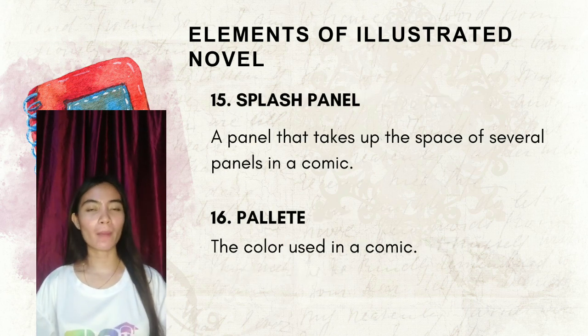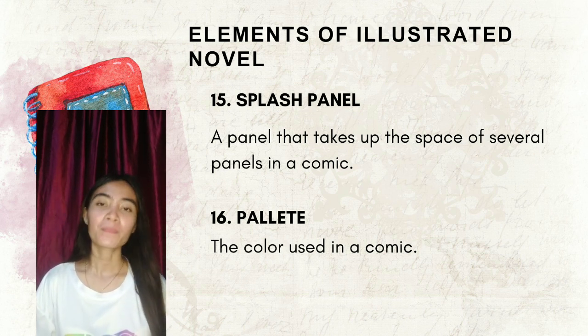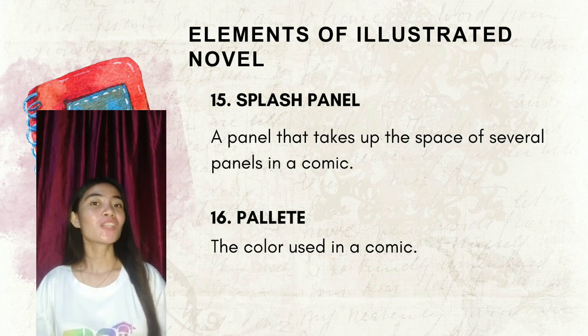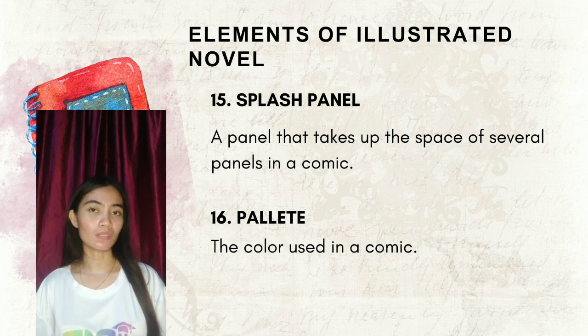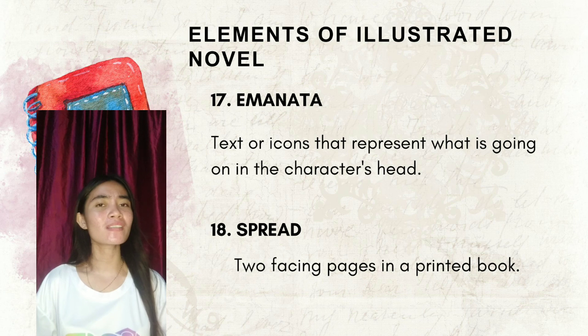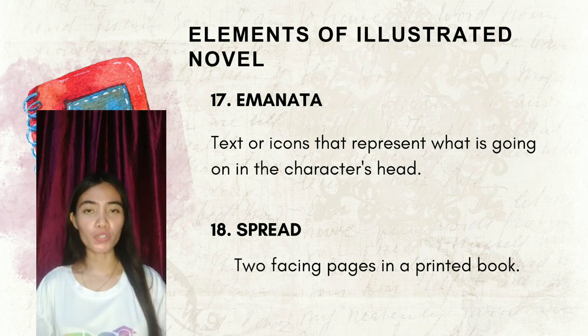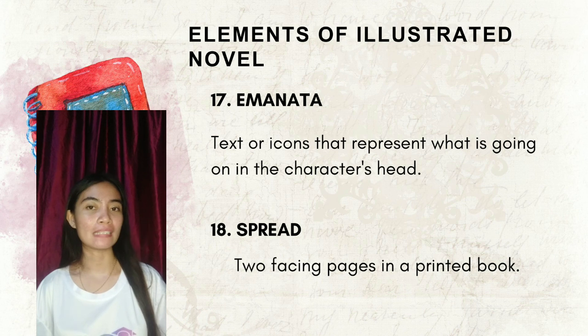Next is the splash panel, a panel that spans several regular sized panels, often used to highlight significant moments or create impact. Next is the palette, the range of colors used throughout the comic, which sets the overall tone and mood. Next is the emanata, visual symbols or text that represent the characters' thoughts or emotions, such as sweat drops for anxiety or light bulbs for ideas.